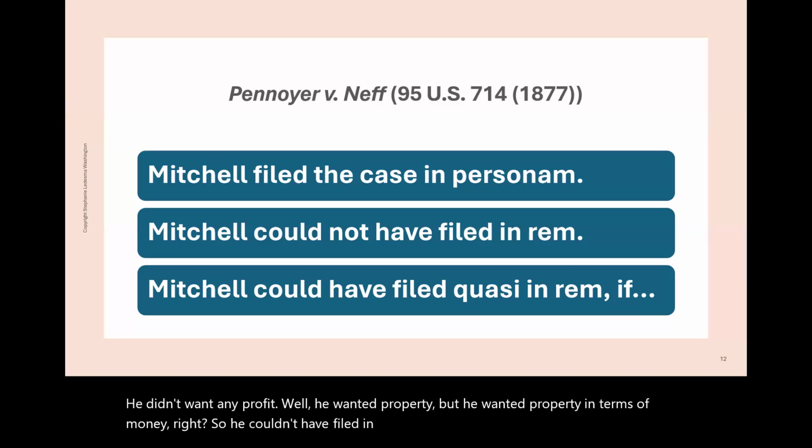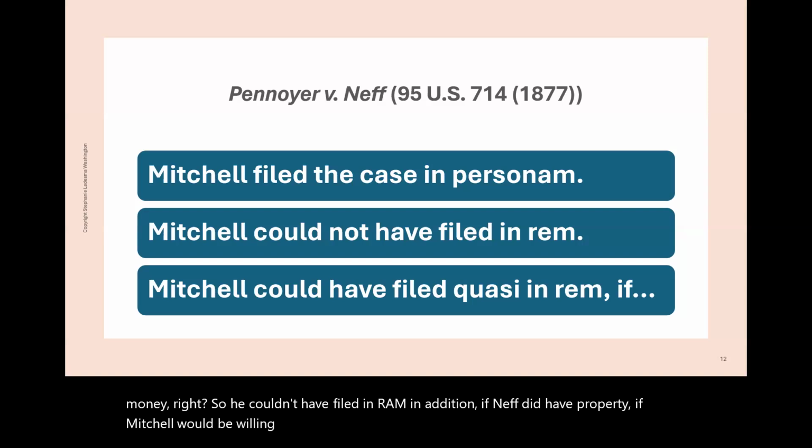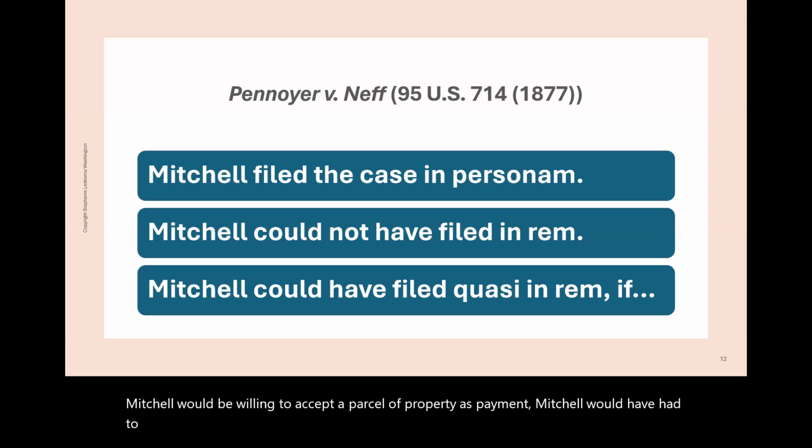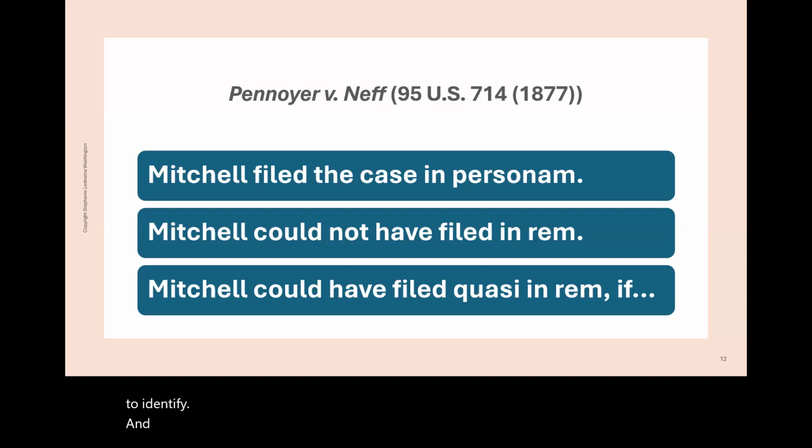In addition, if Neff did have property, and if Mitchell would be willing to accept a parcel of property as payment, Mitchell would have had to identify and attach that property at the beginning of the lawsuit, assuming the property was within Oregon. That didn't happen. Now, Mitchell could have filed quasi in rem, right? Because he doesn't want the property, he wants his money.